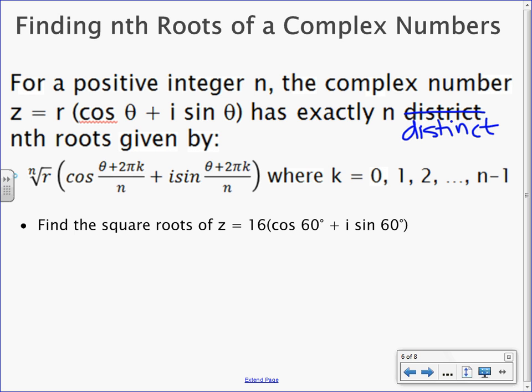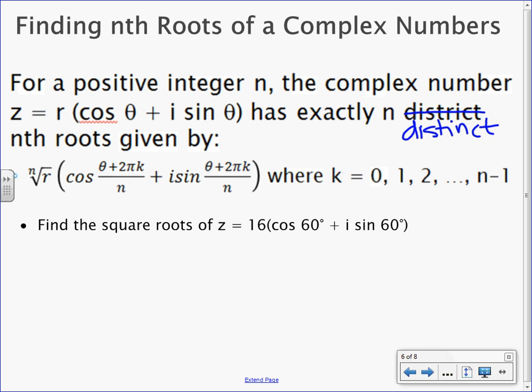What this is finding is, if I ask you for the fifth roots, that means we are finding all the numbers that when we take the fifth power, we get whatever number we started with.